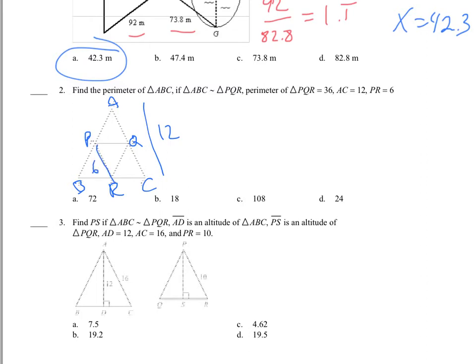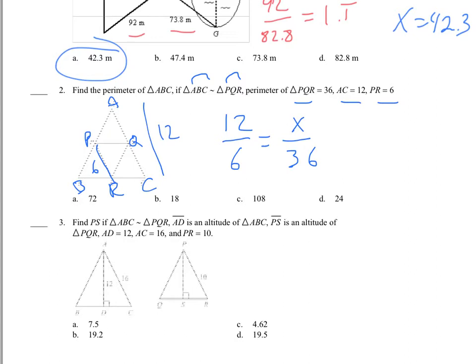Okay, notice that AC and PR are corresponding sides of the triangle. So that ratio is 12 over 6. Now you'll recall the perimeter of PQR is the smaller triangle, so it's going to go on bottom. But the perimeter also has the same scale factor as the corresponding side, so we can set our equation up like this.